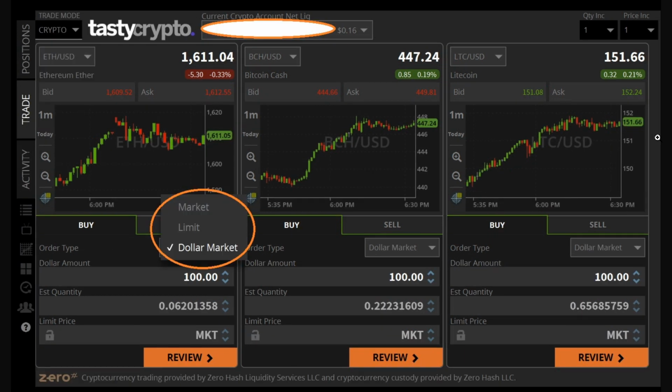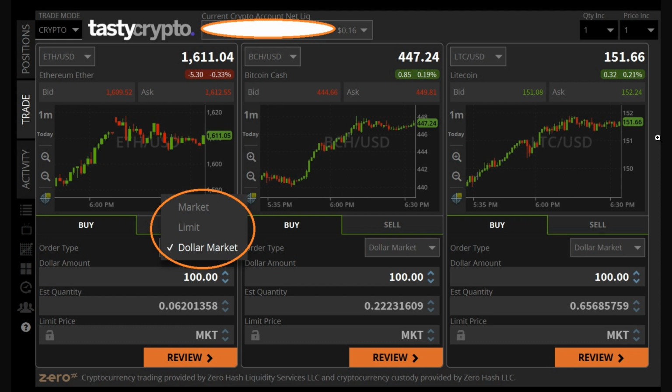Now, there's only three different types of orders. They plan on doing other order types later on in the future. This is because the platform literally just came out for the crypto aspect within the last week or two, where it's publicly available for people to utilize. Now you've got market orders, limit orders, and a dollar market order.